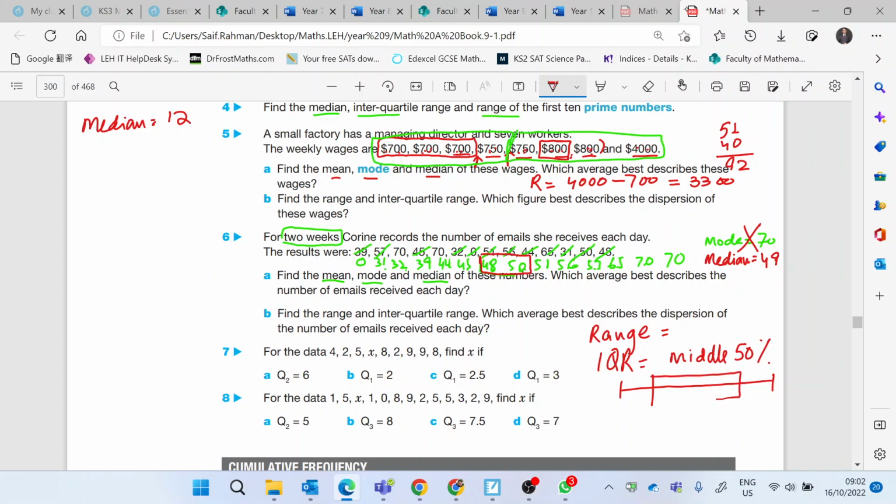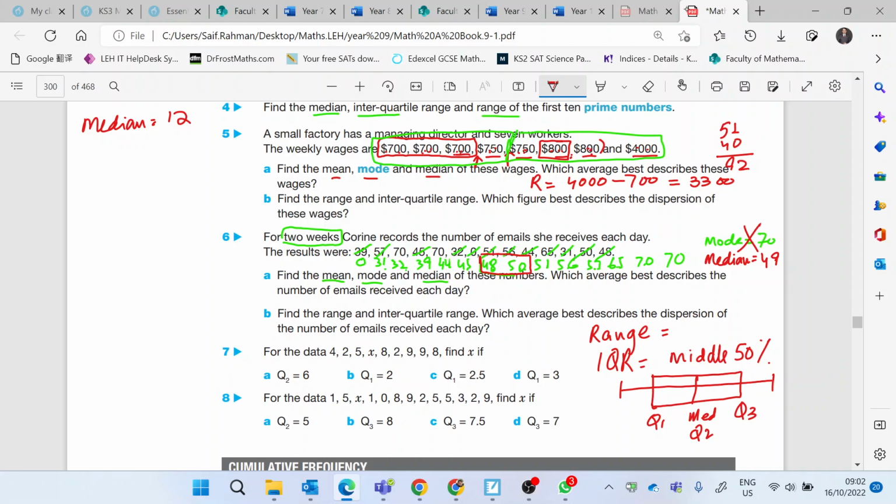This is Q1, Q3, and this is the median or Q2. If the maximum values fall between these two, the box will look like this in the center.